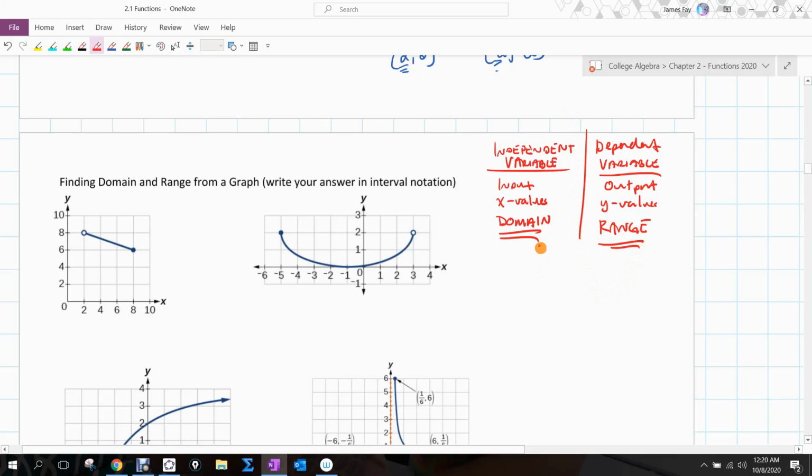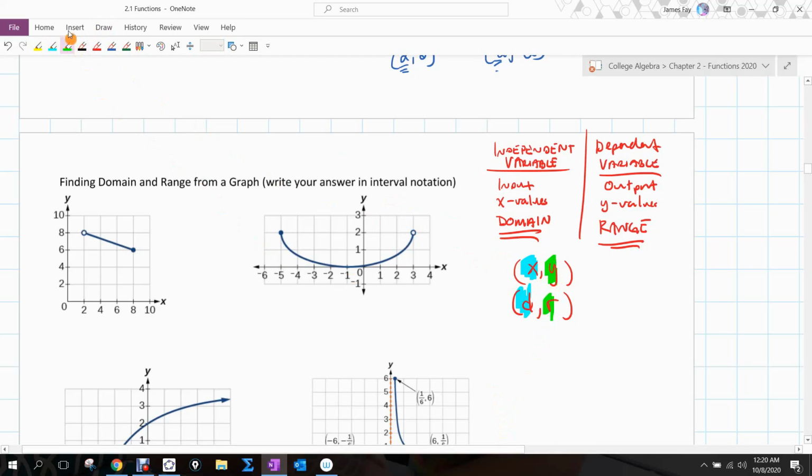Now, the way I remember this, because people get these confused: x alphabetically comes before y. Domain alphabetically comes before range. So x and domain match up, y and range match up.